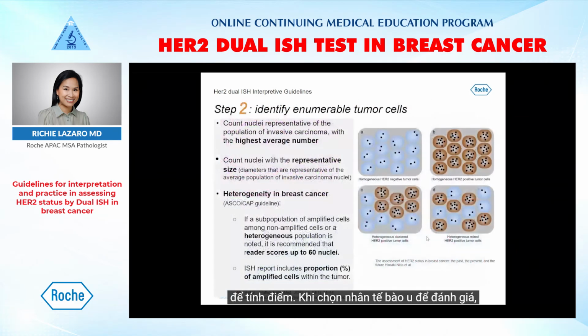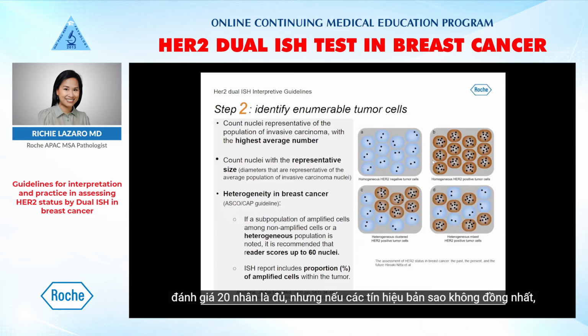In selecting invasive tumor nuclei to be scored, the reader should select the area with the highest average number of copy signals within nuclei that represent the average population of tumor nuclei. If the copy signals appear homogeneous, 20 nuclei to be scored may be sufficient.